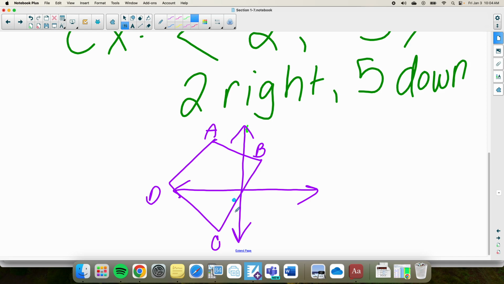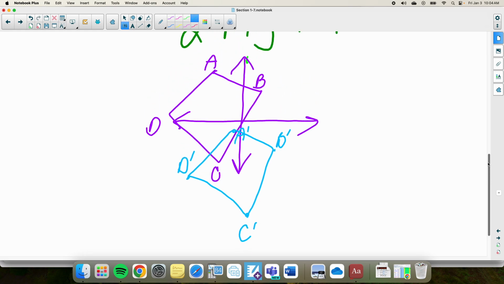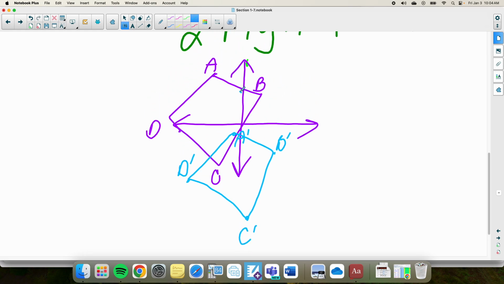So maybe your new A prime ended up there. Then your B, you'd go 2 over to the right and 5 down. And then you'd do the same thing with D, and the same thing with your C. And I'm just sketching this, so it's probably not gonna look the best. But then when you're done, pretend that's a straight line. That would be my new figure. And it would look like you just took it and slid it, okay? You didn't turn it, you didn't flip it.